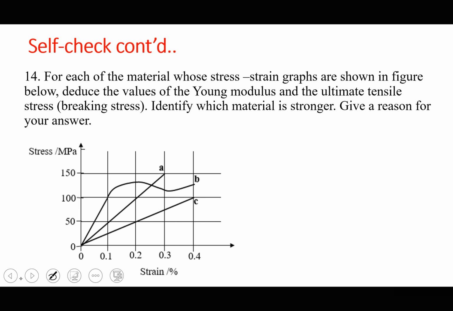Which material is stronger? The material which is stronger must have a bigger ultimate tensile stress. So we have material A, material B, and material C. The material which is stronger is going to be A, because it has a greater tensile stress. Then the reason for your answer: it has a greater ultimate tensile stress.